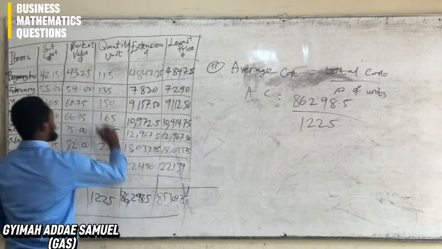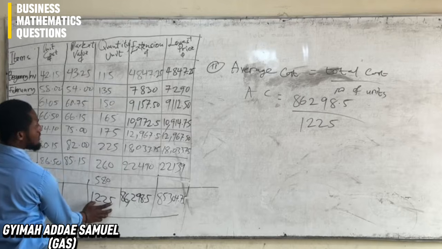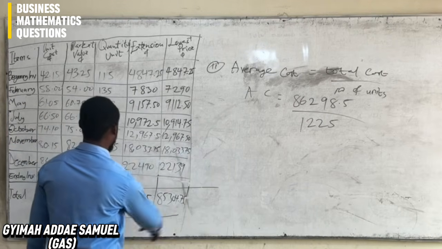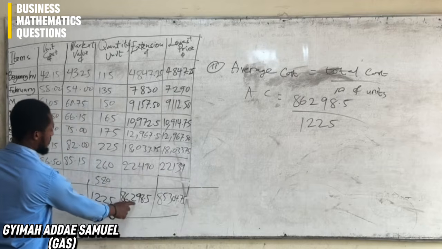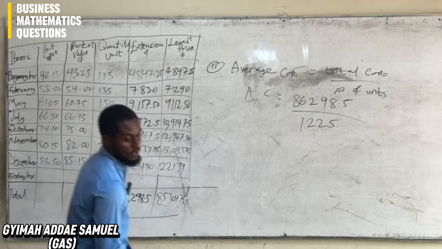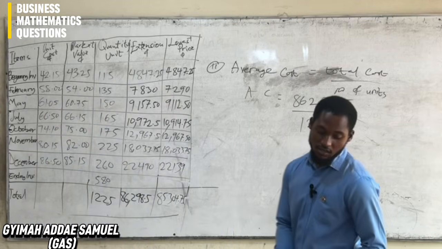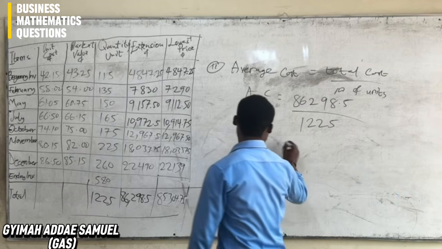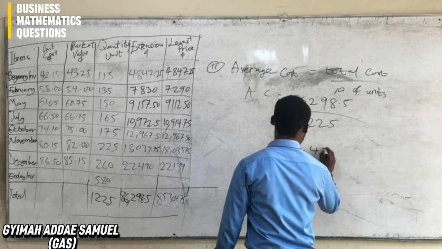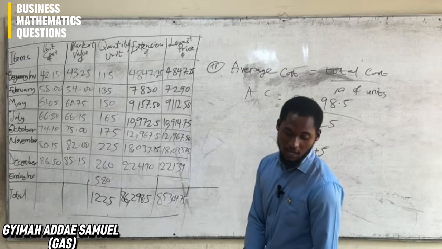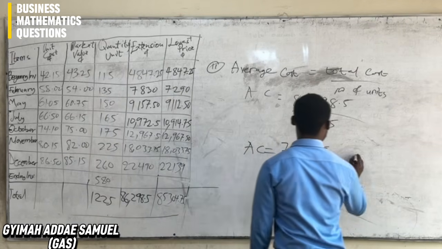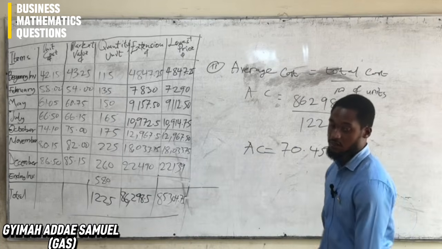So we took the total of this to be the number of units, and the total cost is 86,298.5. And when you do so, you are getting 70.45 as our average cost, which makes the answer for question 11 C.